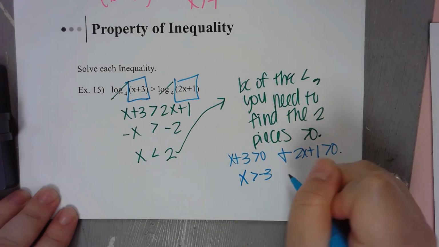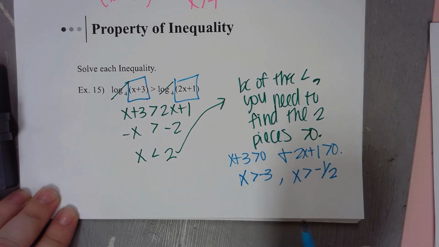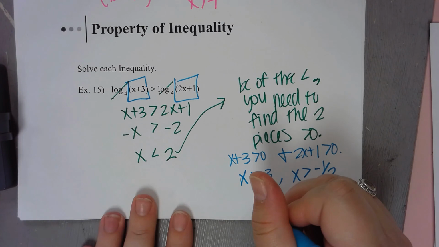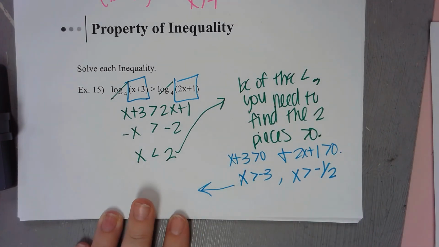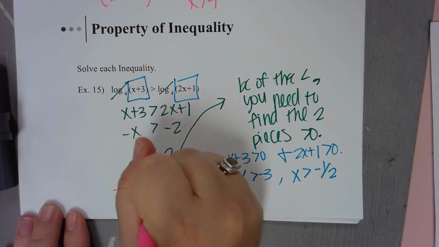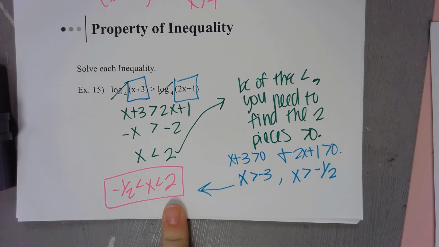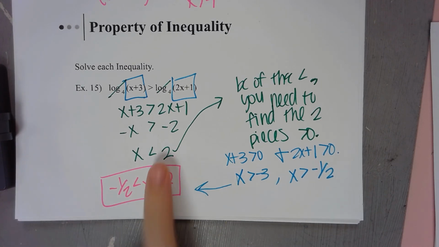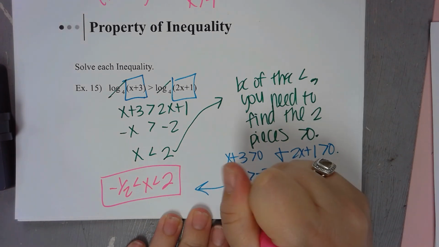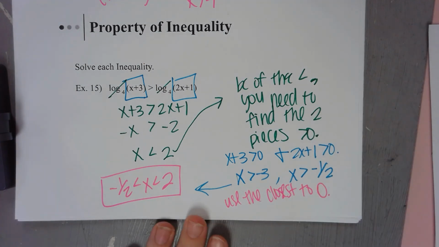So x is greater than negative 3 and x is greater than negative 1/2. So x is in between negative 1/2 and 2. And I didn't use negative 3 because I already had a 2 here, so let's write that. Use the closest to 0.